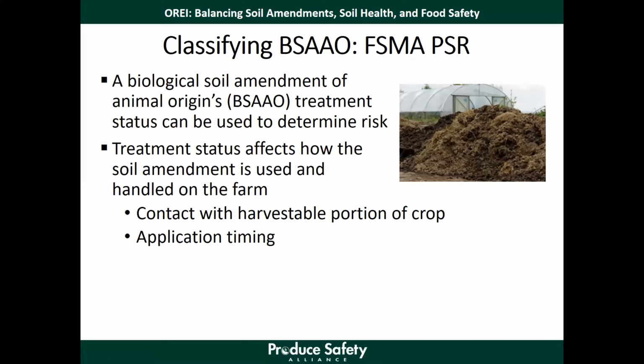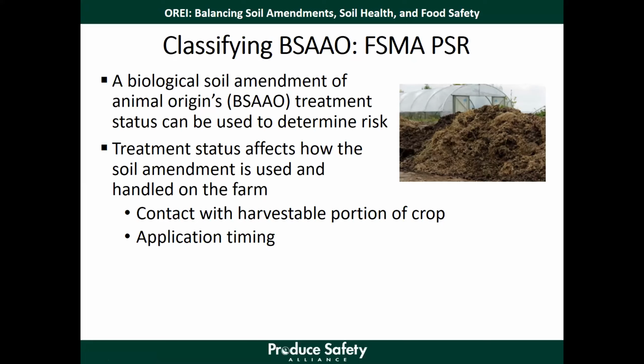So what I'm going to do in this presentation is take a lot of the discussion that has happened so far in today's webinar and loop it into how it relates to the Food Safety Modernization Act produce safety rule.